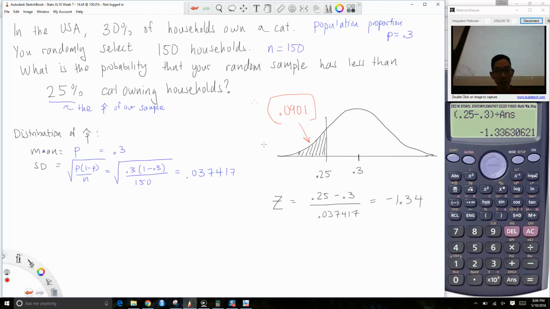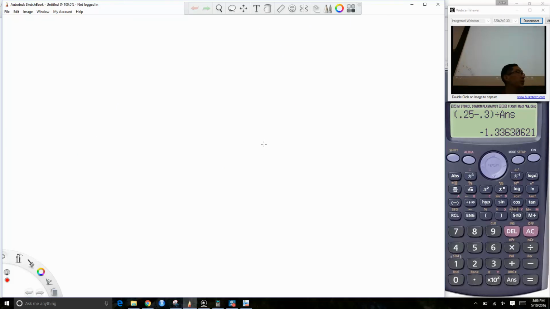Okay, so we have a few conditions. In order for this to work, we have conditions that must be true to be able to use the normal distribution as an approximation.